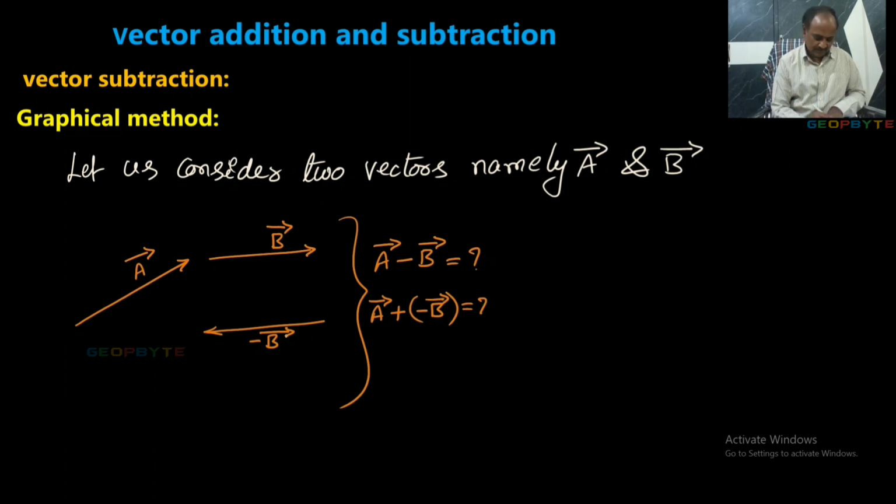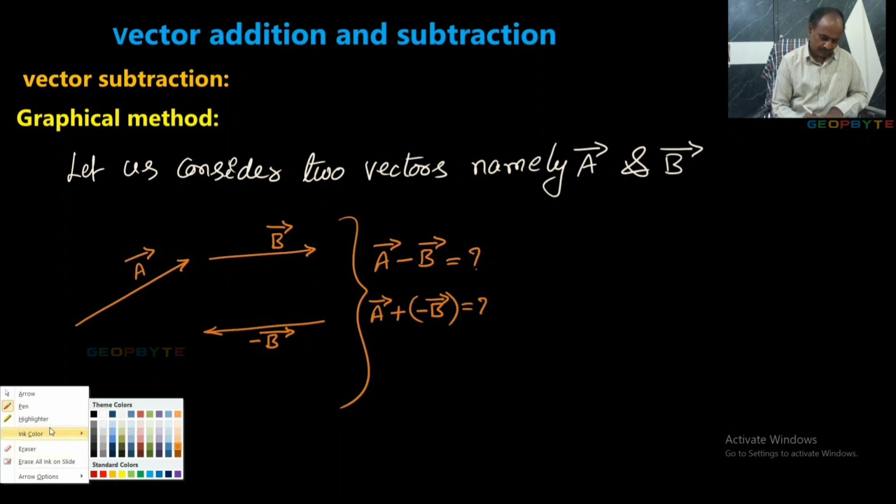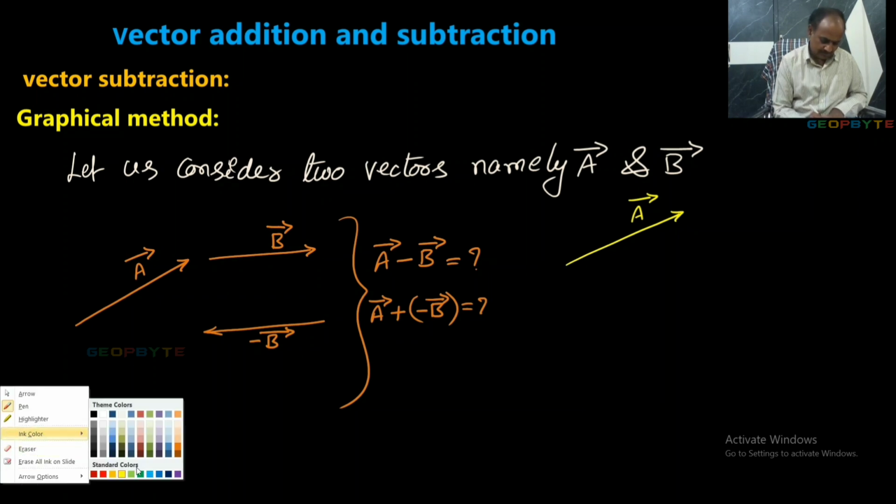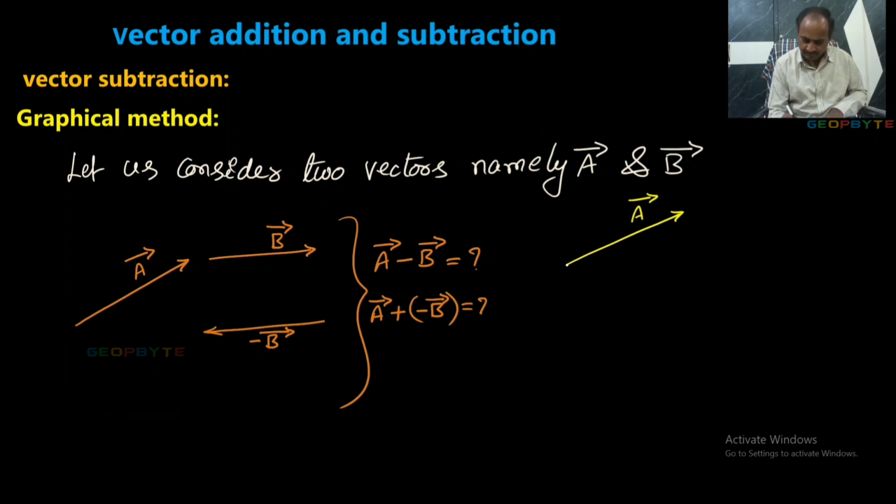It is like this. I am going to draw the vector a as it is, and this is the vector b. Let me change the color of the marker. This is the negative vector b. The head of the negative vector b is joined with the tail of the vector a.